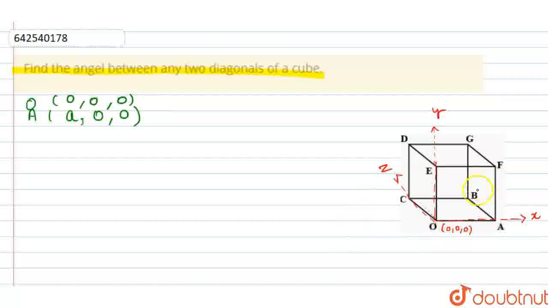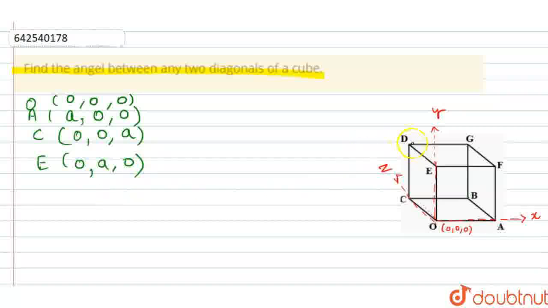Then we have the vertices B. Okay, let's name C first. C is in the z direction and has no x and no y coordinate, so C will be (0, 0, a). E is at y only, so it has only a y coordinate and the others are 0.